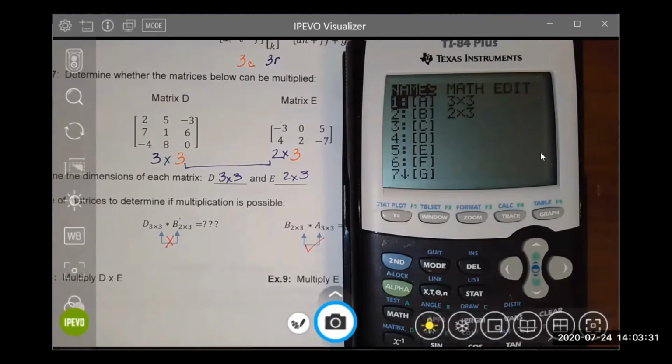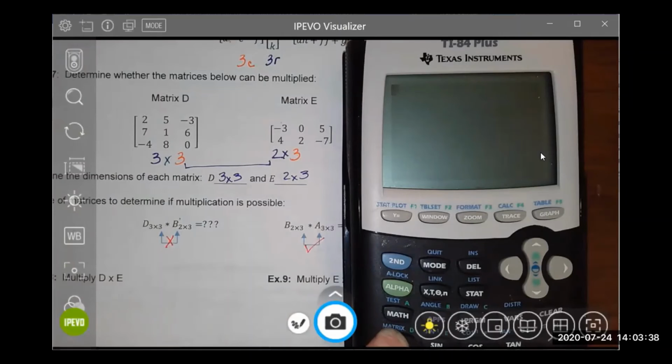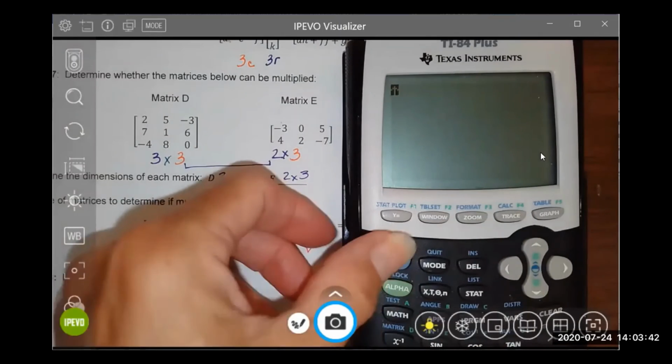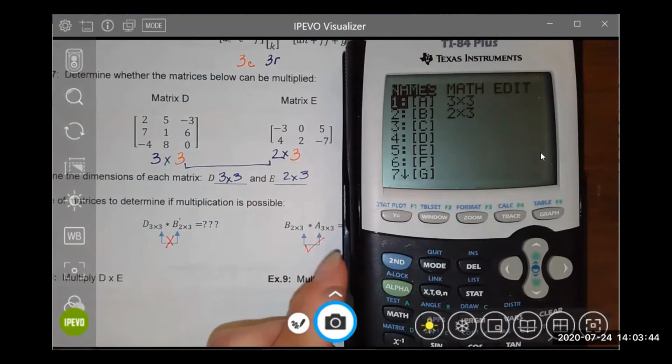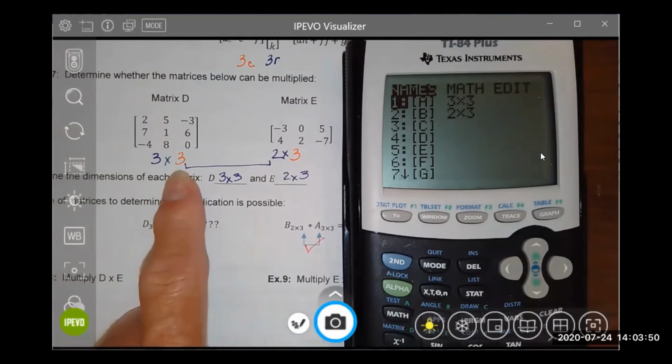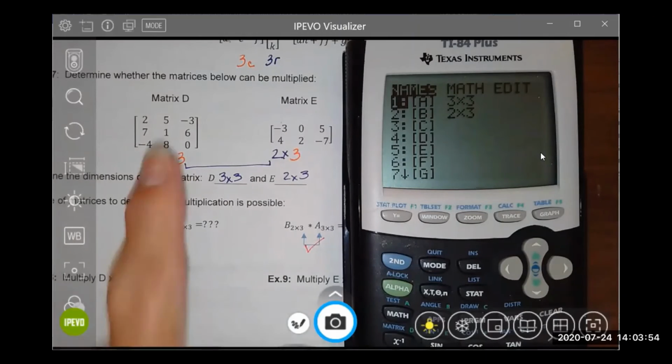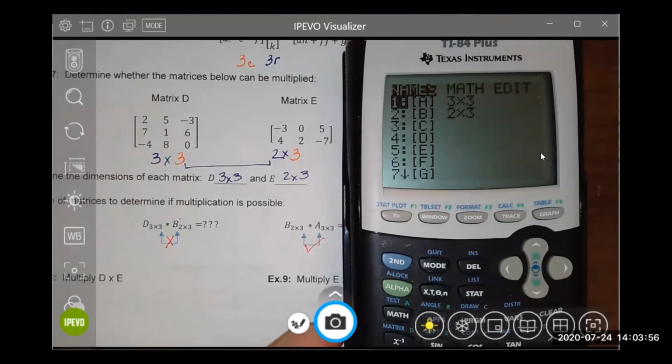So now what can I do with these things? Well, I'm going to do second quit again so I can go to my home screen. And I want to just pull up the name of one of them. So I'm going to go to second matrix, not matrix second. Okay, and I'm going to choose matrix, let's see, we said that I cannot do D times E. So I'm going to try doing E times D. Or actually, let's just go crazy and add these first, right?